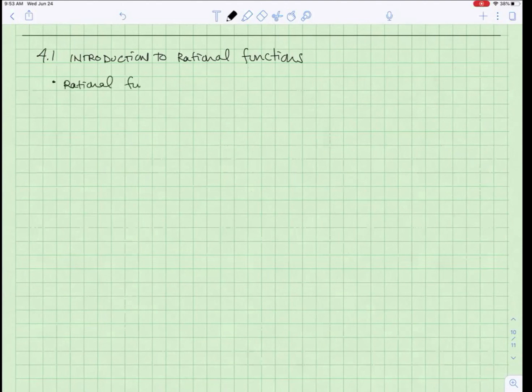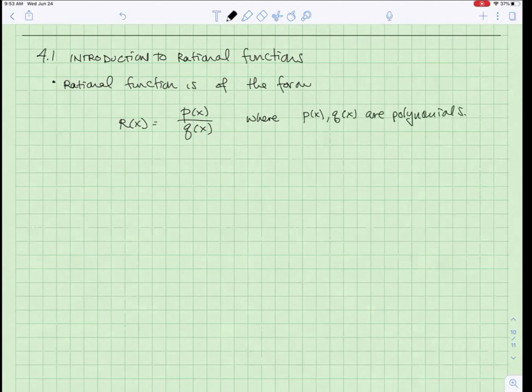A rational function is of the form r of x equals p of x divided by q of x, where p of x and q of x are polynomials. So we're extending this idea of polynomials, and now we're making fractions, ratios, rational functions out of polynomials.